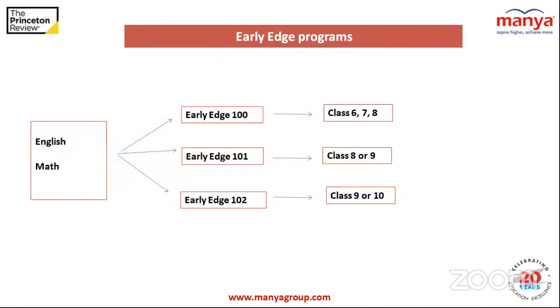The topics covered are the same in all the levels, but the difficulty level gradually increases from level to level. The student can see, for a simple reading comprehension passage in Early Age 100 and Early Age 101, how dense the passage becomes as the level increases.